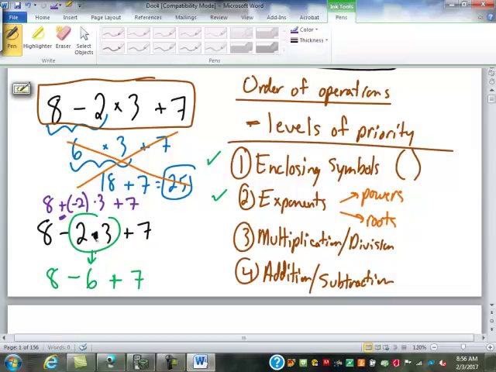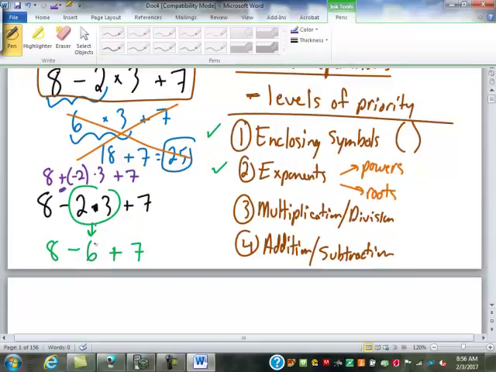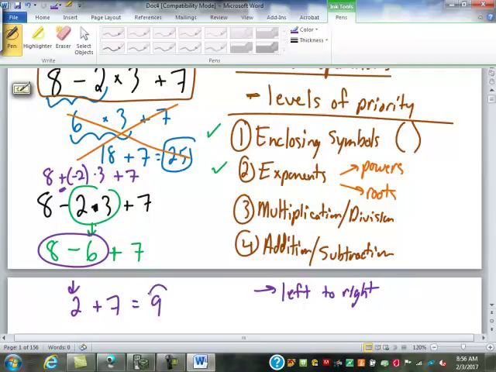So now that I've done that multiplication, all I have left is addition and subtraction. And I actually have one of each here. If I have more than one operation that's on the same level, then we do go left to right. So just like reading a book. 8 minus 6 is 2, and plus 7 is 9.